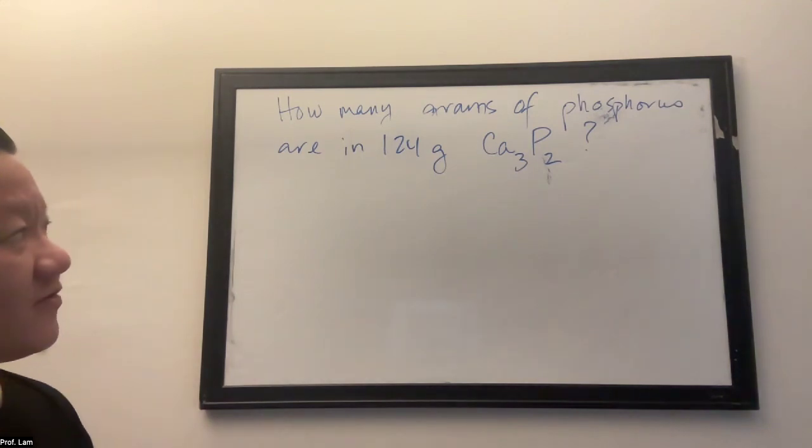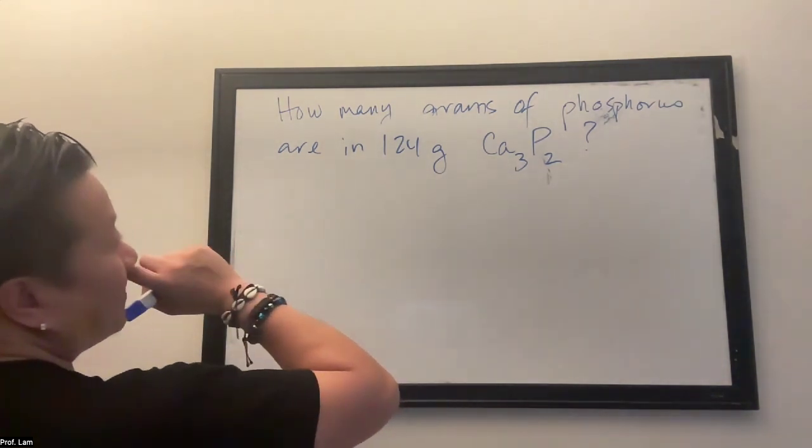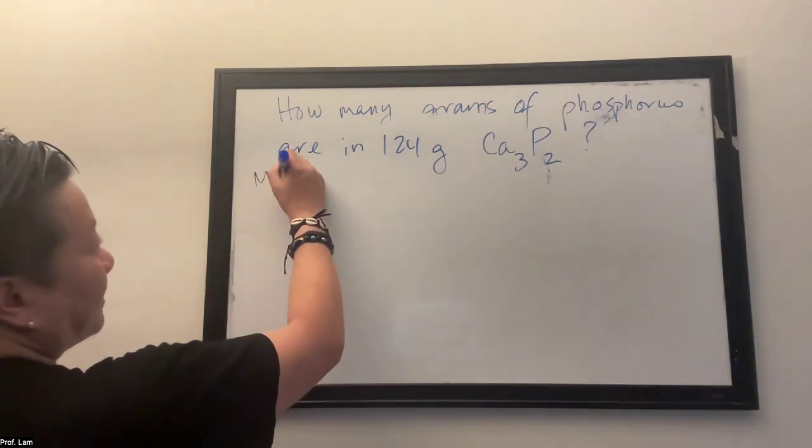Okay, calcium phosphide, Ca3P2. So again, we need the molar mass of Ca3P2. Let's calculate that first.